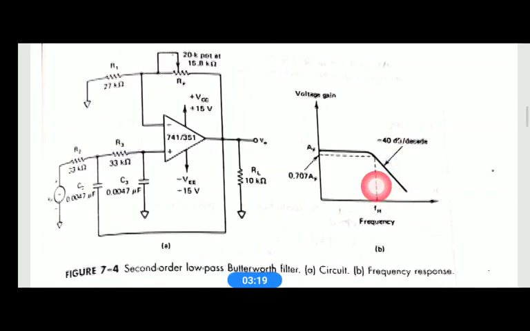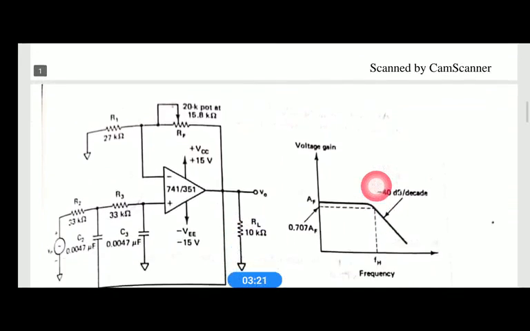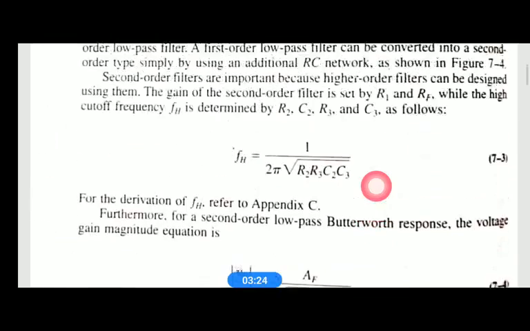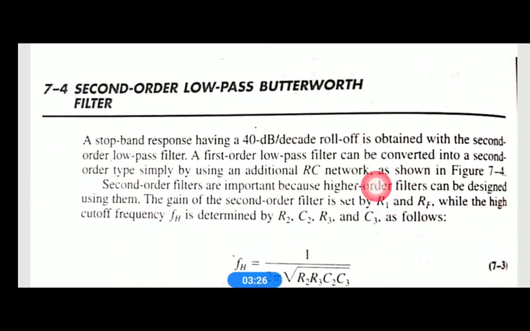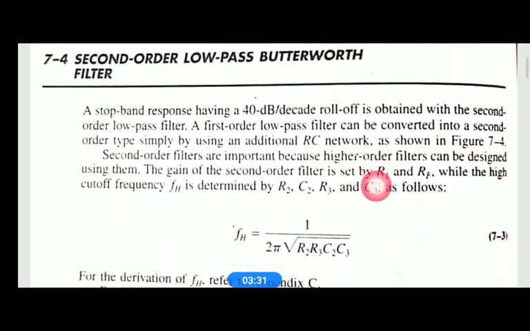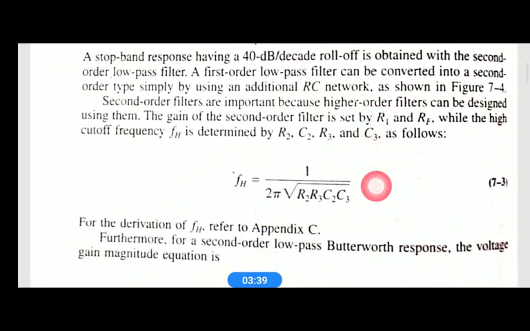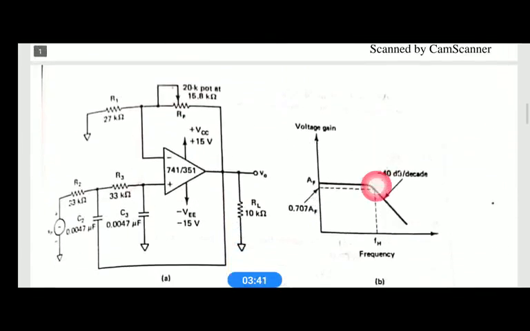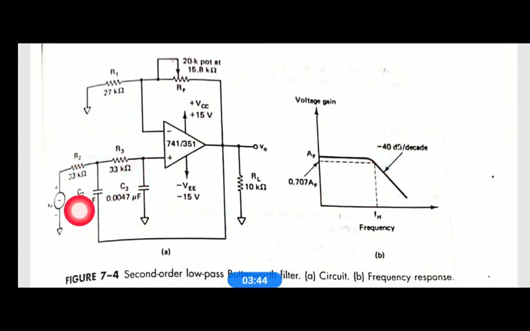Therefore, to increase this reduction from 20 dB to 40 dB, we use the second order low pass Butterworth filter. The second order filter is designed from the first order filter itself. As you can see in the figure, one more extra RC network is added here, and the remaining things stay as they are. This capacitor is connected to the output here.